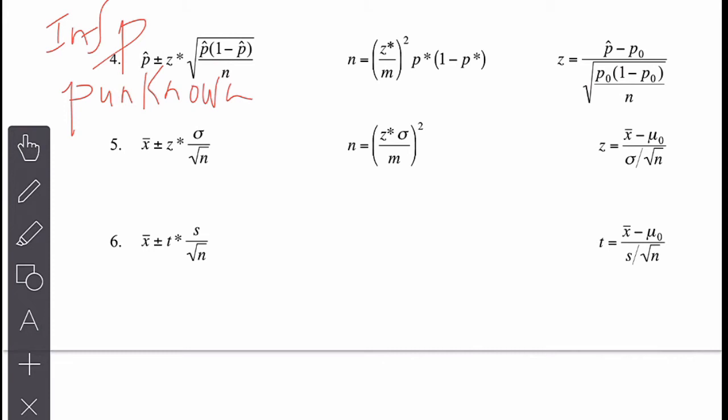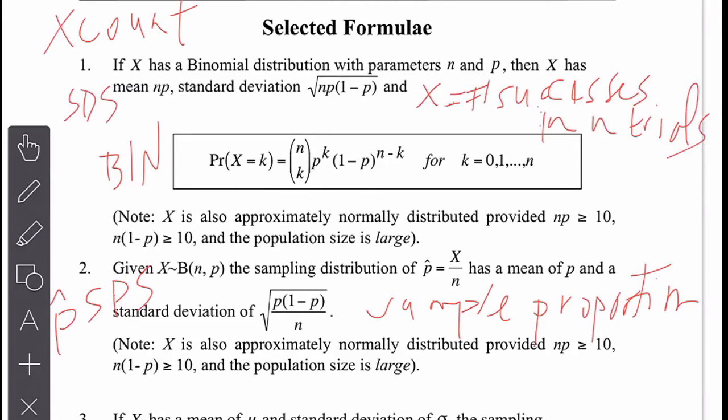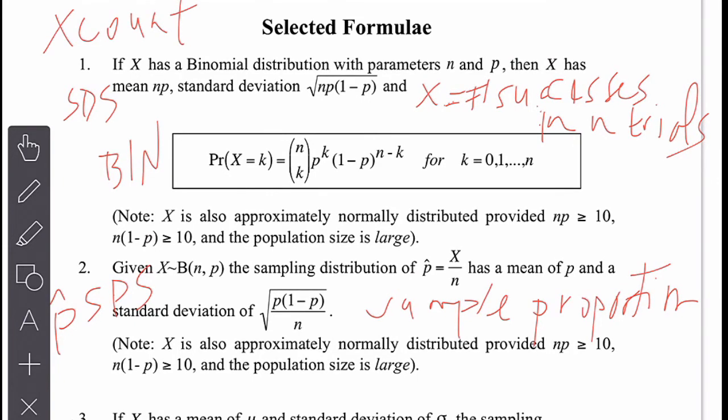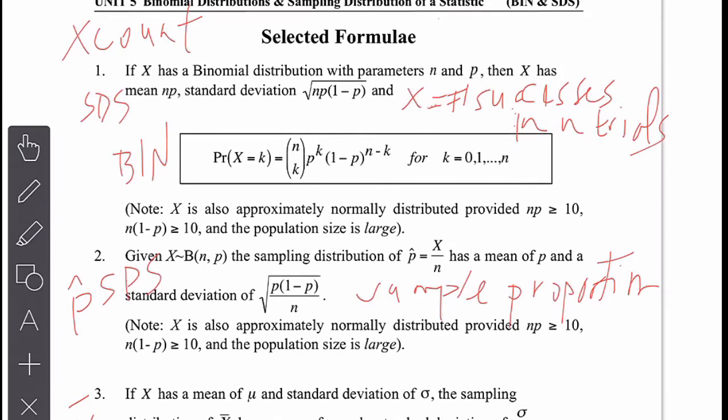So we developed a theory about the sampling distribution of the statistic, right? So we developed a theory up here. All of this is the theory for the sampling distribution of statistics. In particular, for the proportion, it's theory number 2. So this is the theory about the sampling distribution of the statistic if P is known.